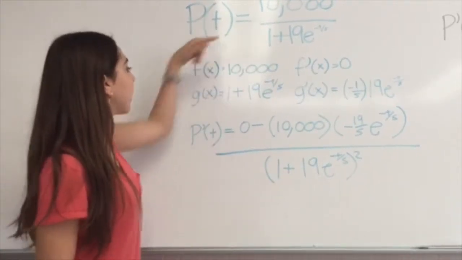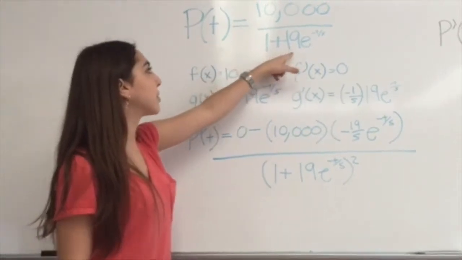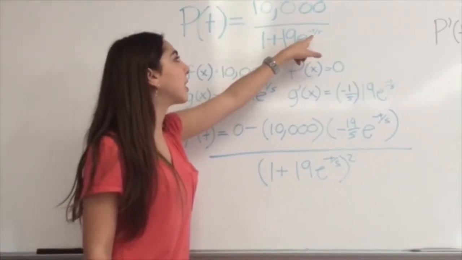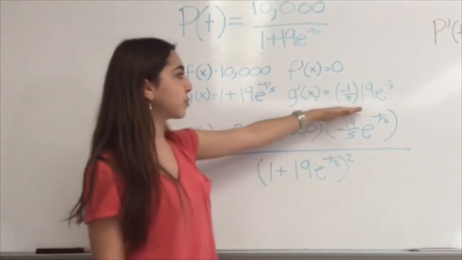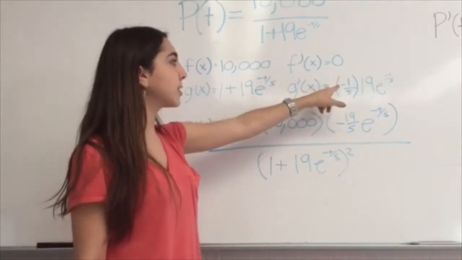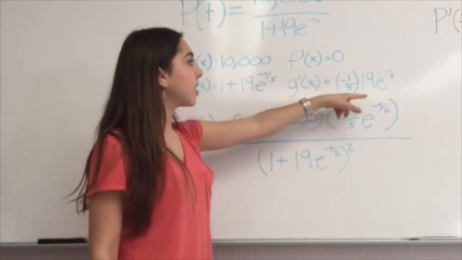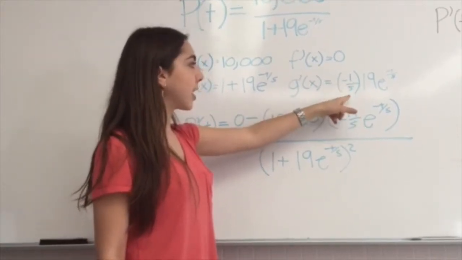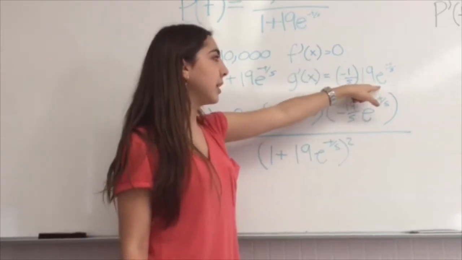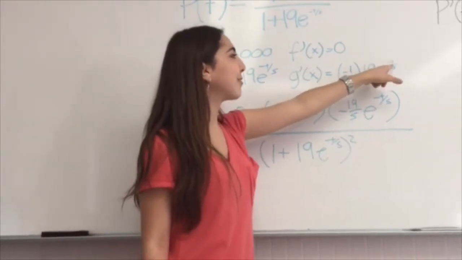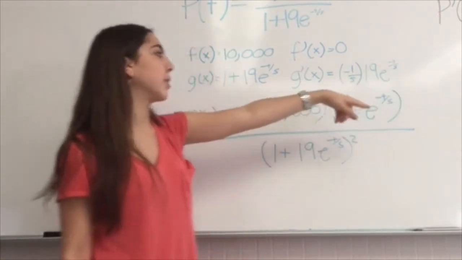Then we get g, which is 1 plus 19e to the negative t over 5 power. We write it here, and then we write its prime, which is 19 over negative 5, that is a negative number, times e to the negative t over 5 power.